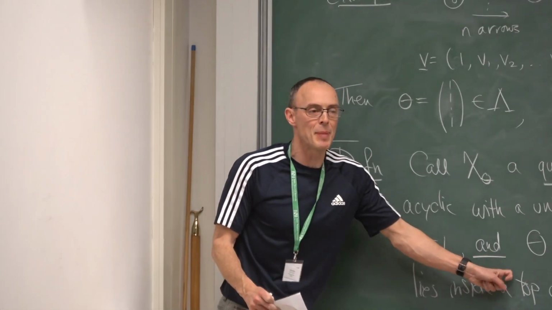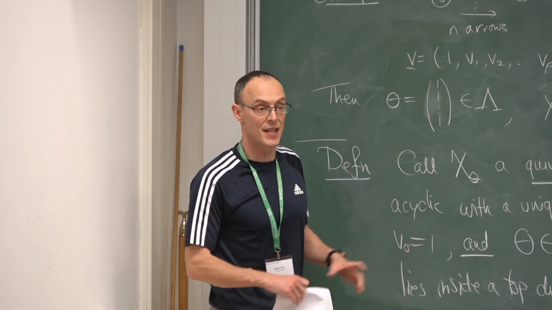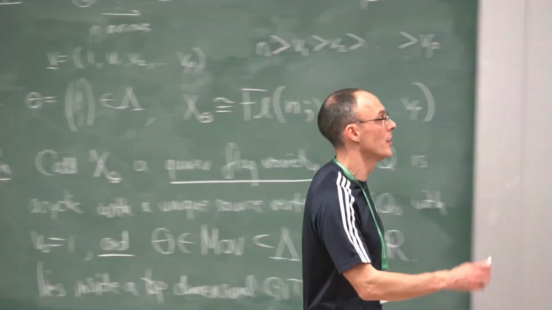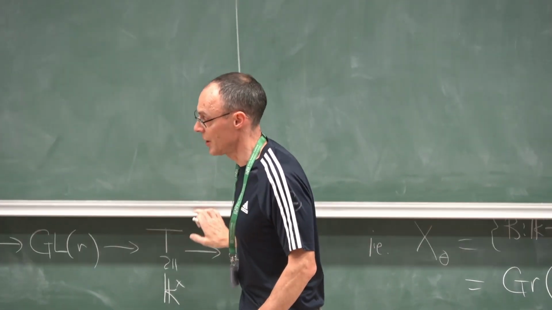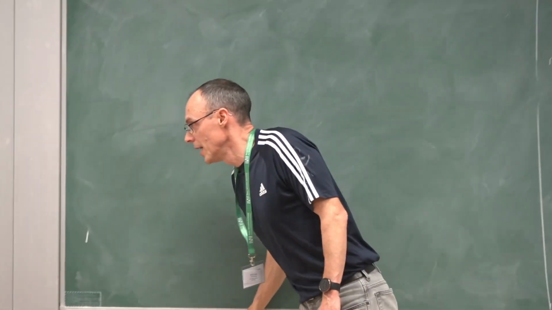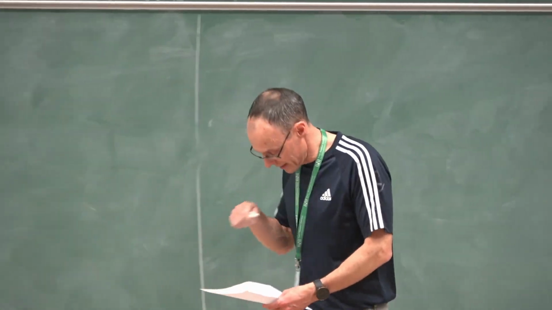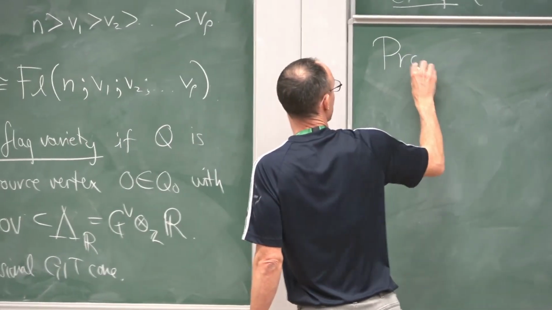But this statement is actually equivalent to a statement about the Picard group of x theta. So I'll write this statement down so then at least you can see why I'm adding this assumption. Well, you know why I like to be inside a top dimensional cone? Because I like to win when theta stability equals theta semi-stability. But the proposition is this.